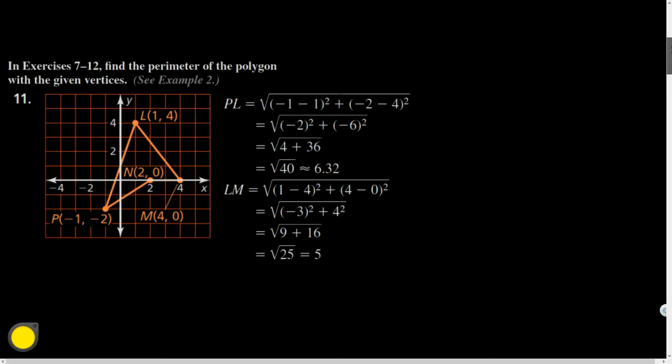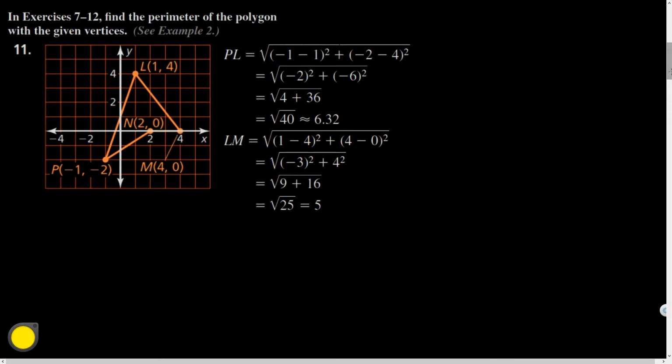Anyways, let's keep cruising. So here's question 11. For sake of time, I kind of took the work from the book for 2 of these distances. You would use the distance formula for any diagonal segment from point to point.